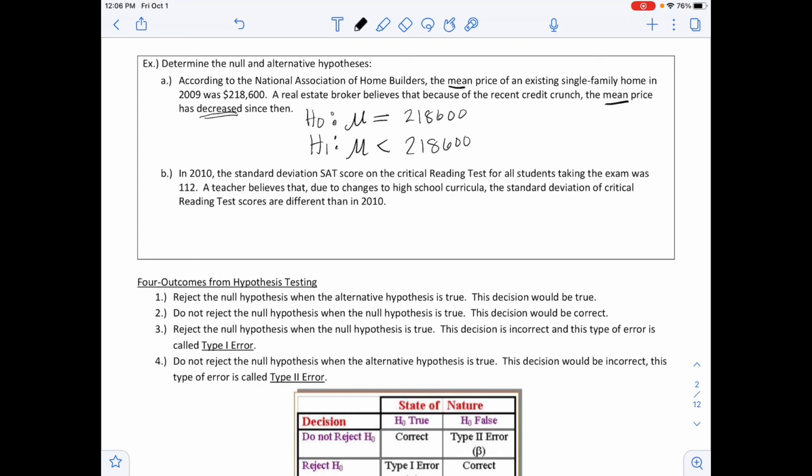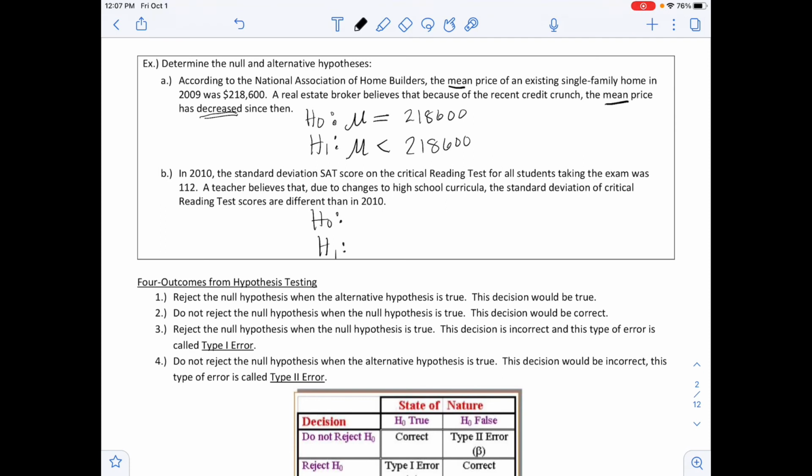Part B says in 2010, the standard deviation SAT score on critical reading tests for all students taking the exam was 112. A teacher believes that due to changes in high school curricula, the standard deviation of critical reading test scores is different than it was in 2010. So again, null and alternative, write down H naught and H1.